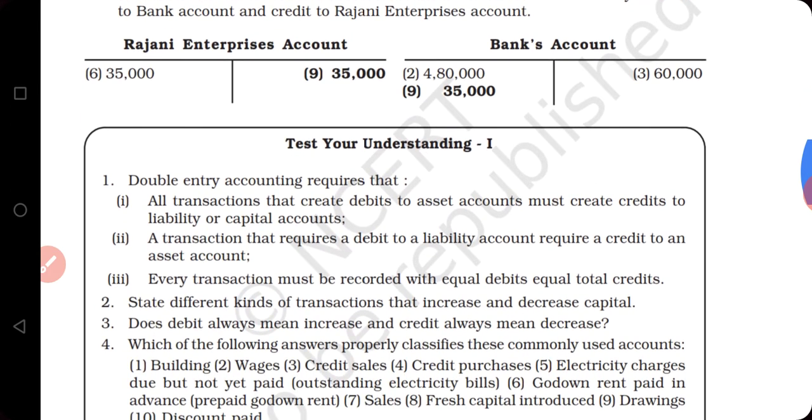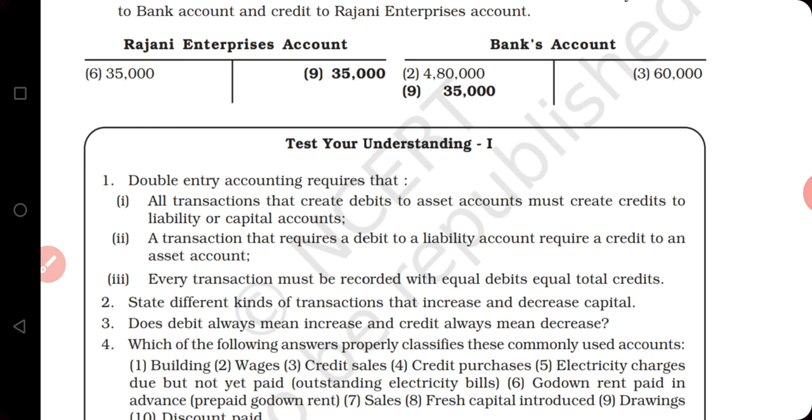So first of all we will prepare the Rajni Enterprises account. Earlier when we sold the goods on credit, we mentioned 35,000 on the credit side. Now he is making the payment through check, so we will write it on the debit side because our debtor has been reduced by 35,000. Next is the bank account.